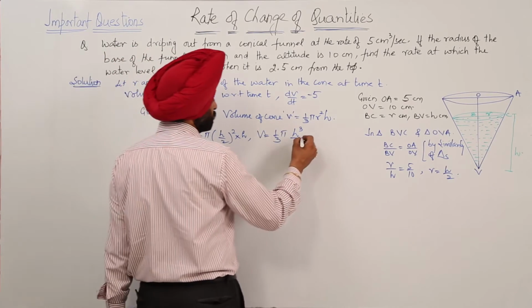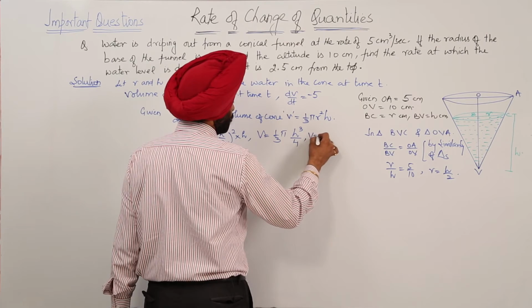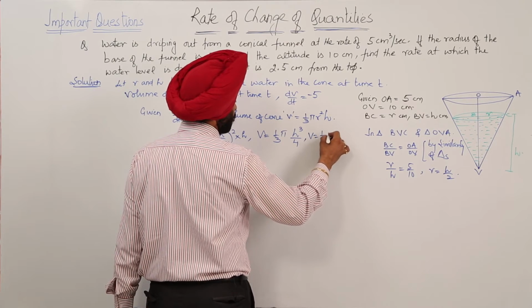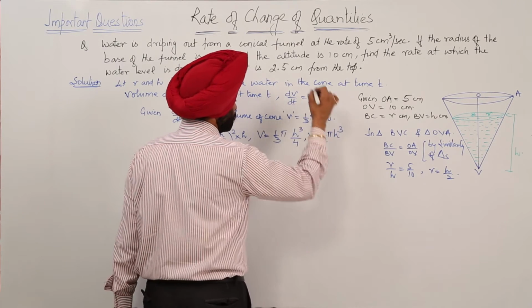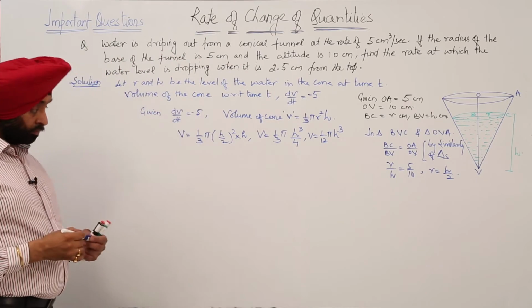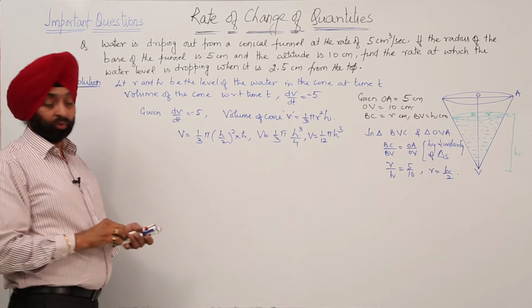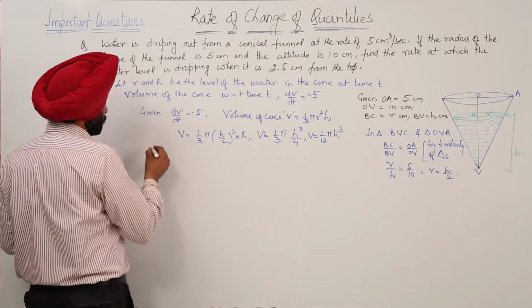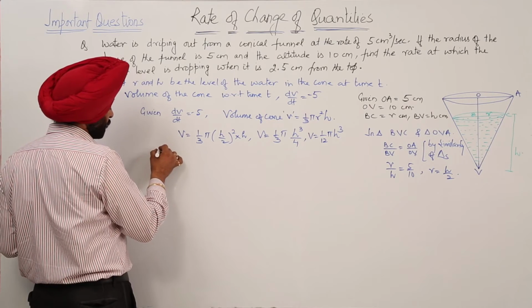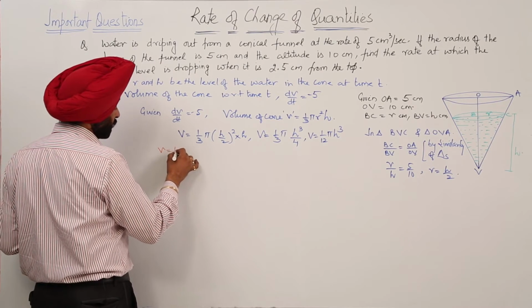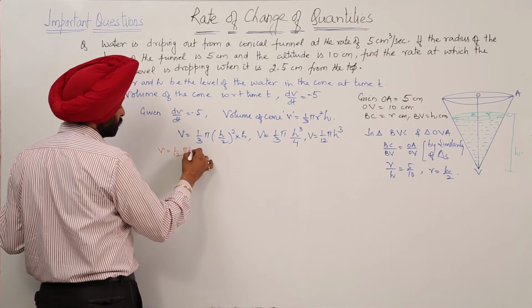Okay, again to this we can write V is equal to 1 upon 12 pi H cube. Okay, so we have to be careful for all these parts.